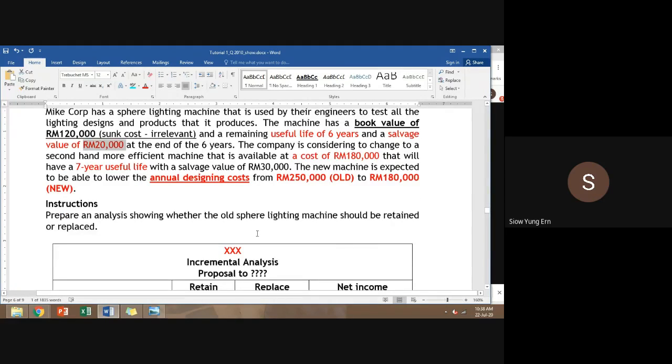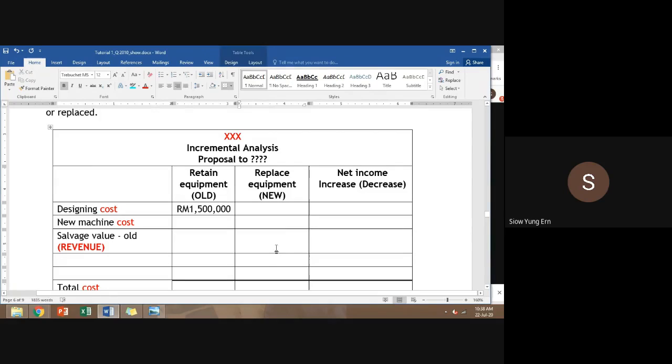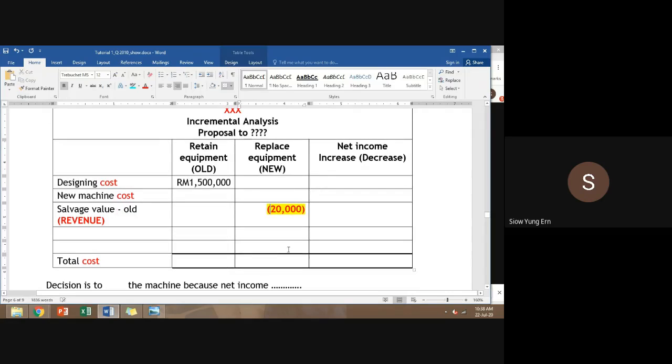Okay, so class, this 20,000, you can either put a bracket or you can decide not to put a bracket. It's up to you. The reason why some in your slides they put a bracket is because we want to calculate total cost. So this is cost, no problem, so you add.